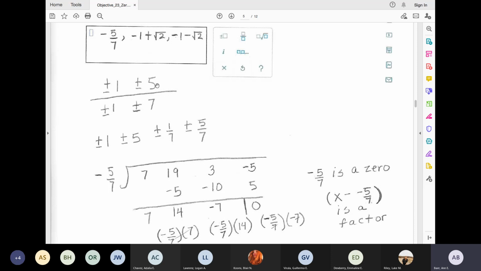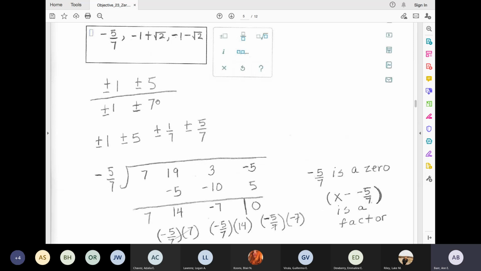To get the next two, let's use the 7. 1 over 7 with the plus or minus out in front, and then 5 over 7 with the plus or minus out in front. So I first did both of these over 1, and then I did both of these over 7. Any questions to this point?